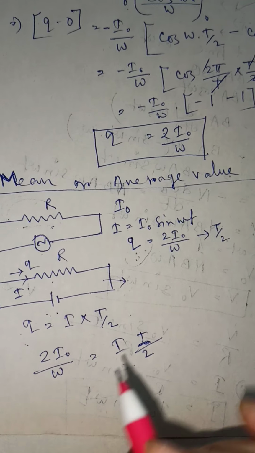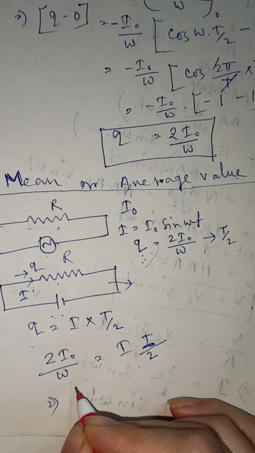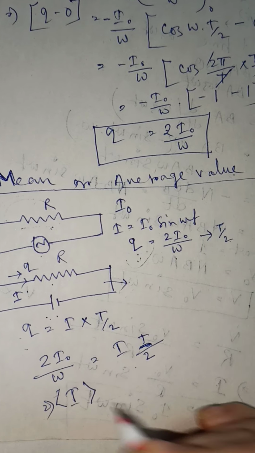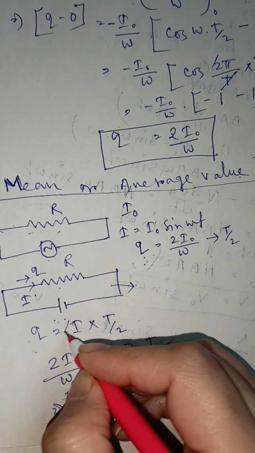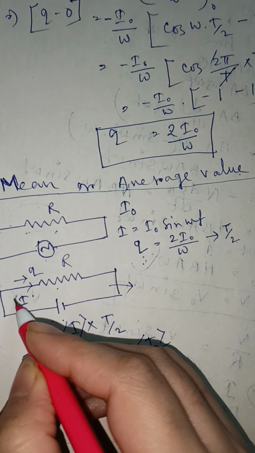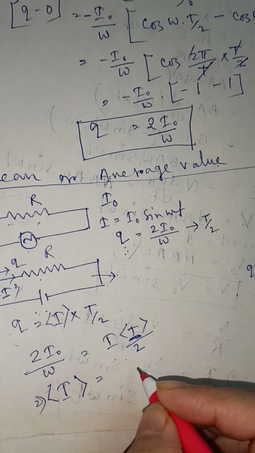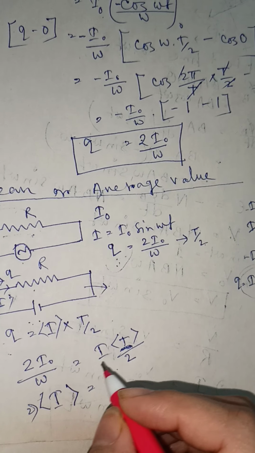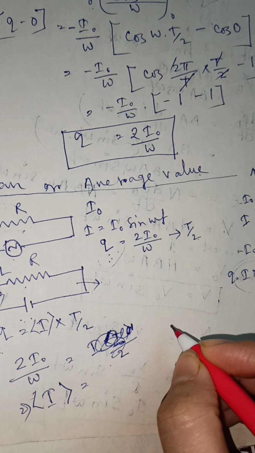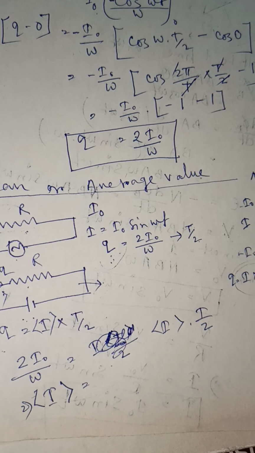Okay, so just look at here. What is I? I is the average value. We can represent I in this form because I is the average value of AC current. So I average equals, sorry, this is T, I into T by 2.